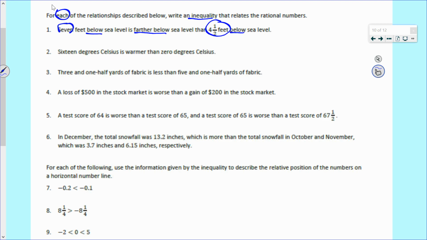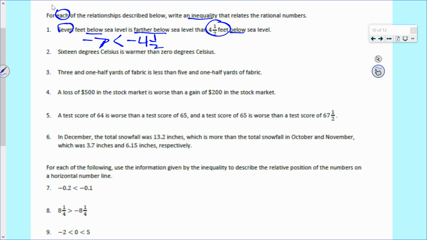We can start off by writing the rational numbers. 7 feet below sea level would be negative 7. And negative 4.5 feet below sea level would be negative 4.5. So how do I compare those? Negative 7 is what than negative 4.5? Less than.